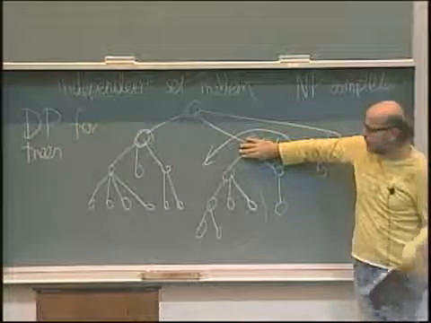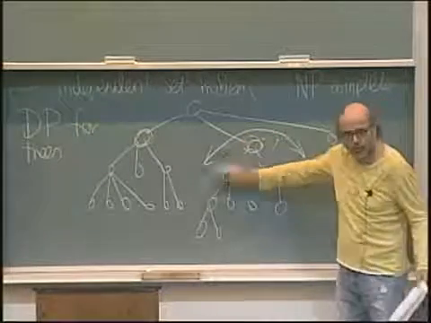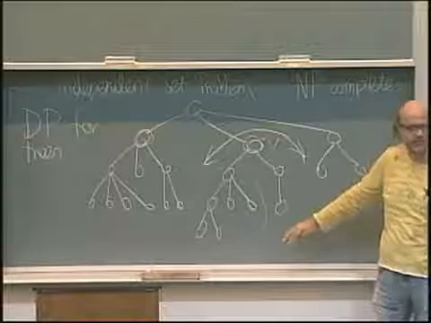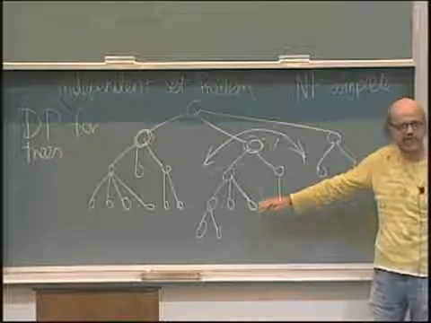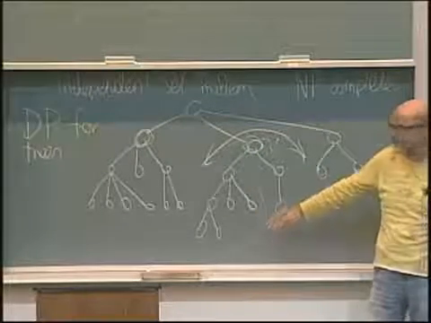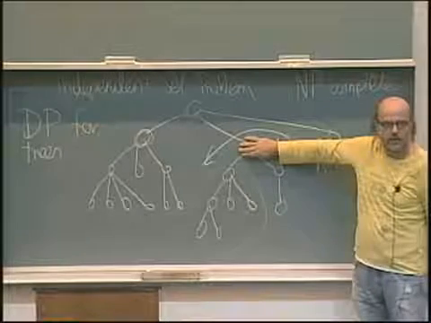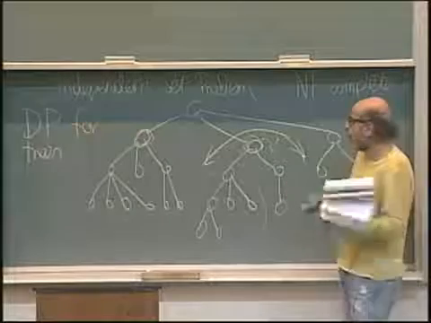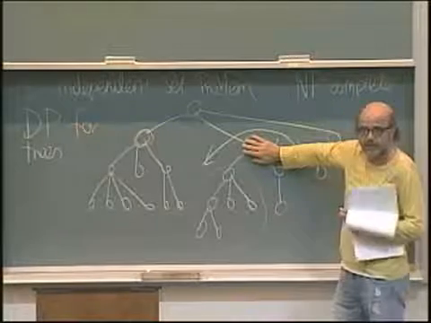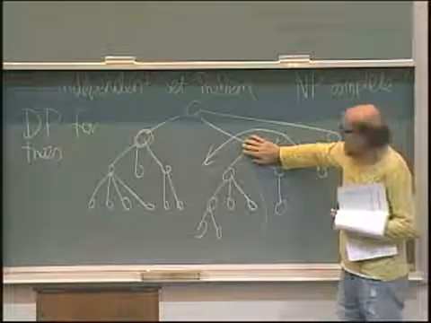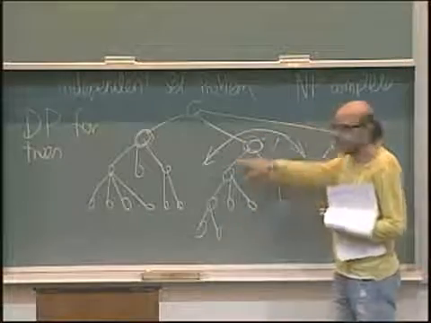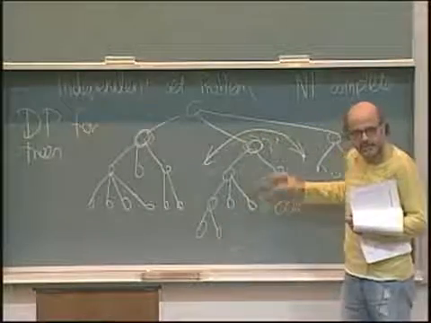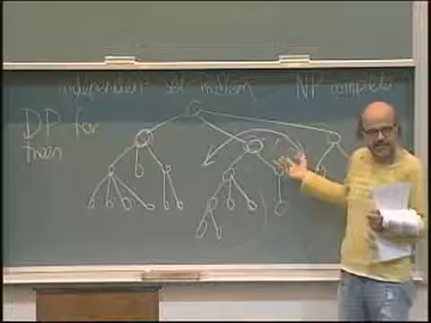Remember, we are doing dynamic programming, so we have solved the problem for the children, and for the grandchildren, and for the great-grandchildren. So basically, once I decide that the boss is out, I will find the best independent set in this department plus the best independent set in this department. Make sense?